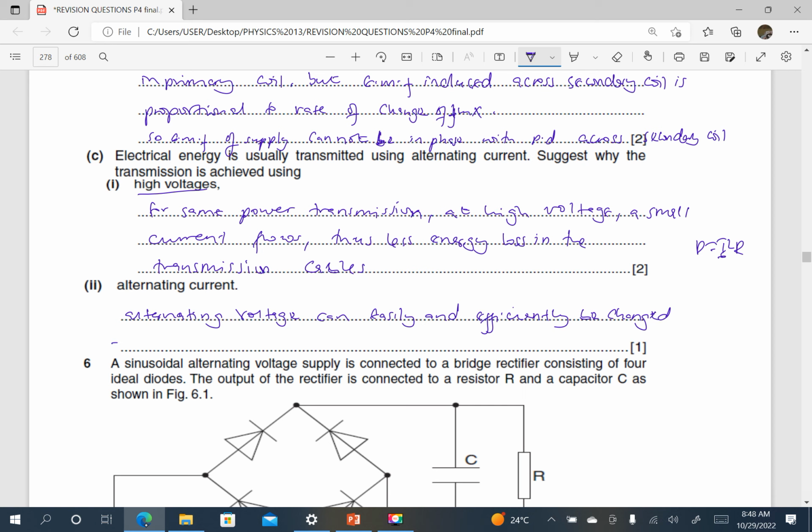Alternatively, you could just say transformers only work with alternating voltage.